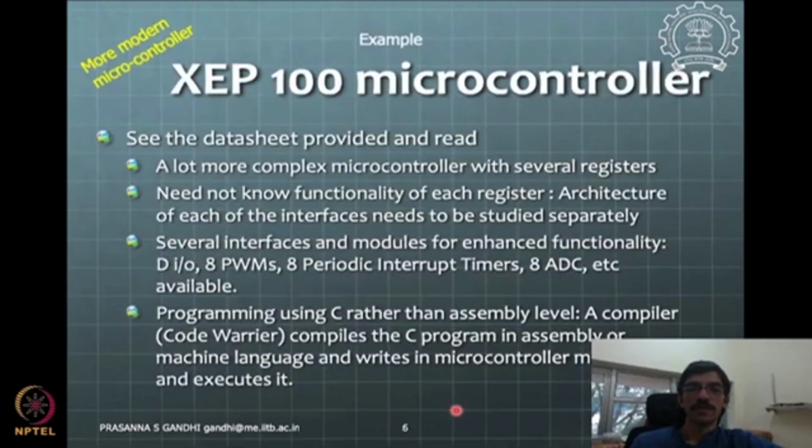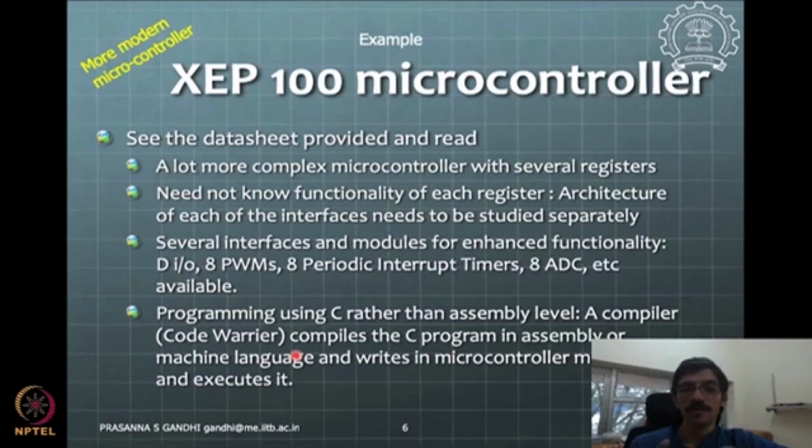With microcontrollers like XCP, you don't start writing those assembly level commands to do the programming. What you do is program in C rather than at the assembly level, and typically there will be a development environment, an integrated development environment.